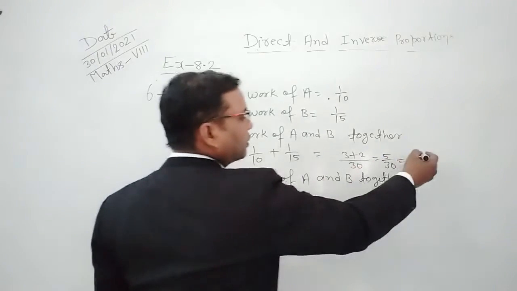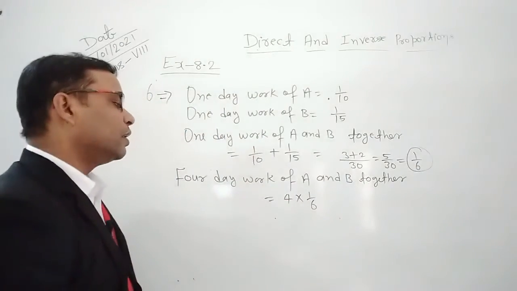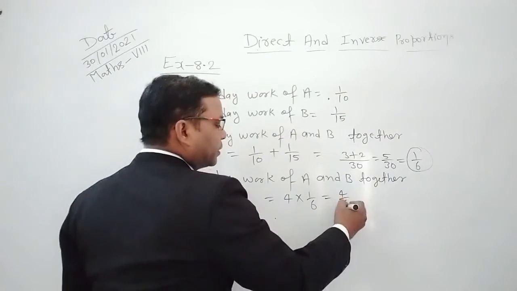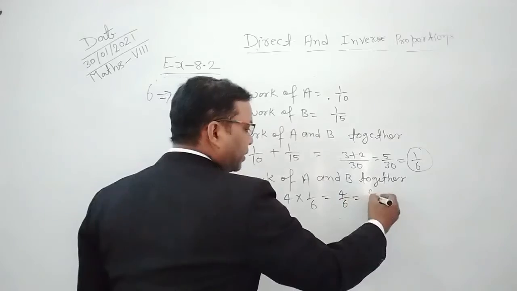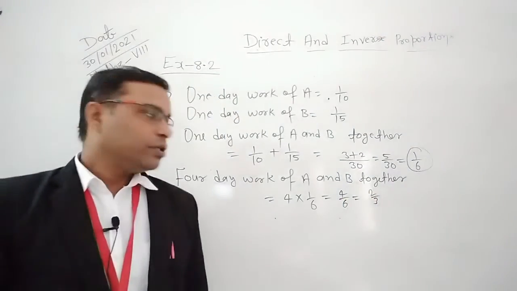This is the 1 day work of A and B together, 1 by 6. So for 4 days you multiply by 4, then you get 4 by 6, or you can simplify to 2 by 3. Okay, the 4 day work of A and B together is 2 by 3.